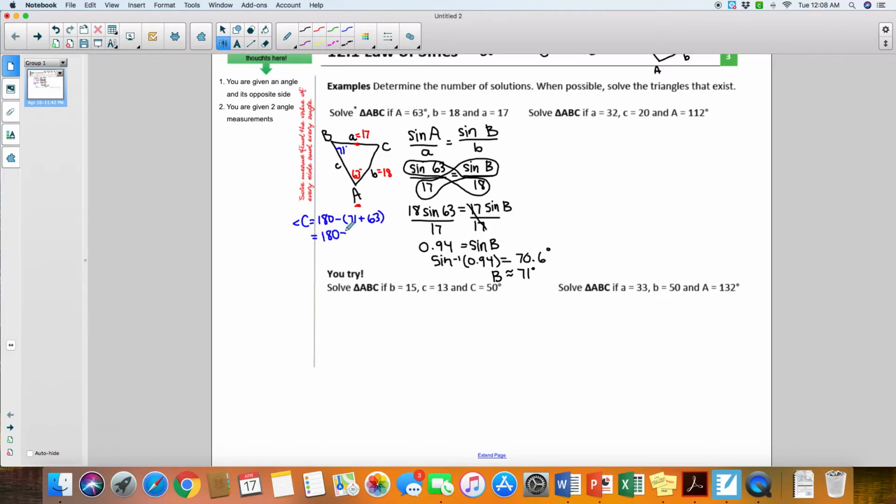So let's see, 71 plus 63 is going to be 134. And then if I subtract that from 180, I would get 46 degrees. So C is 46.